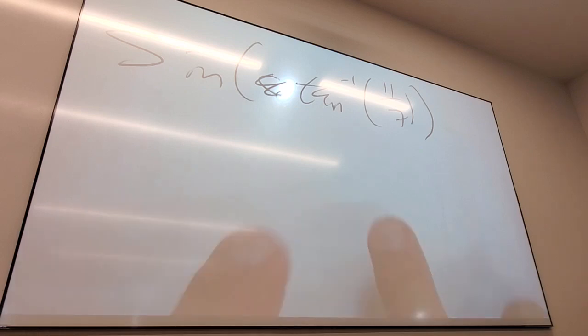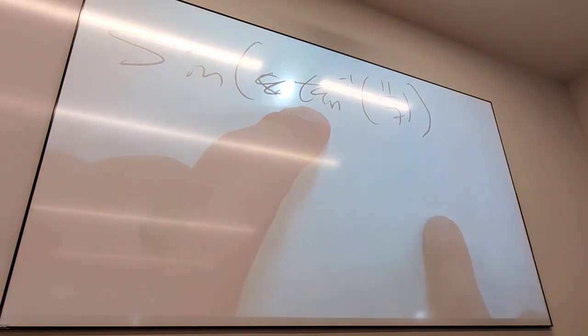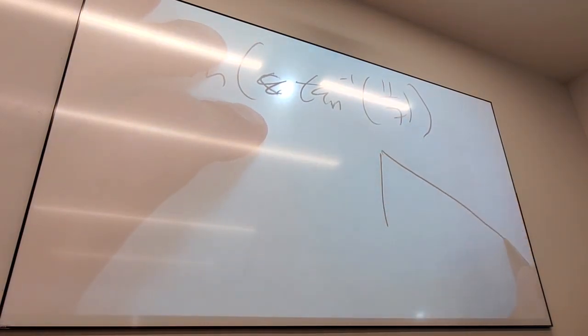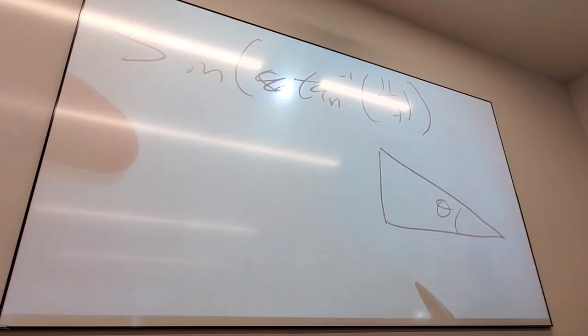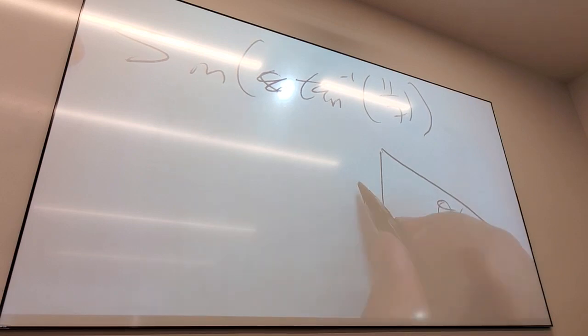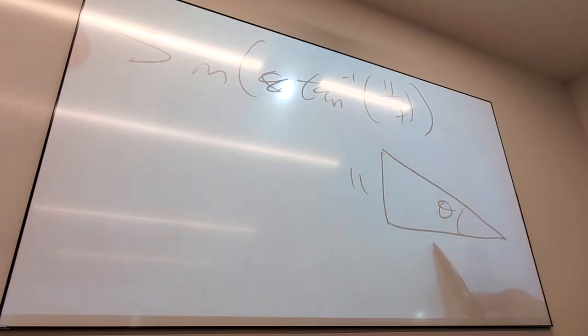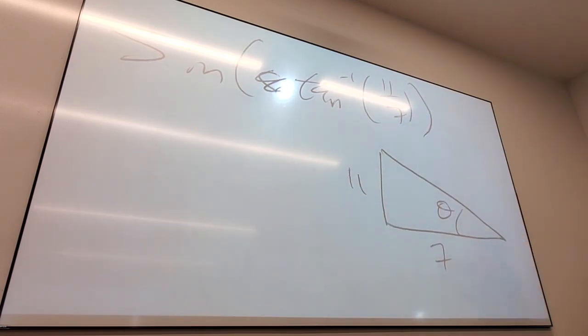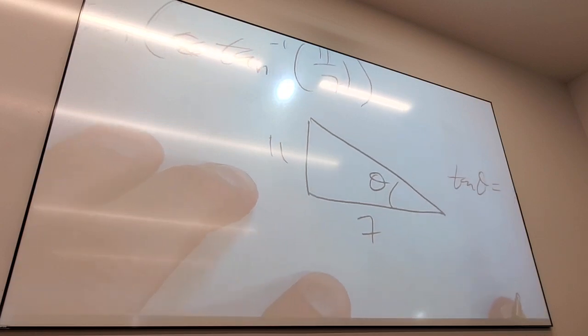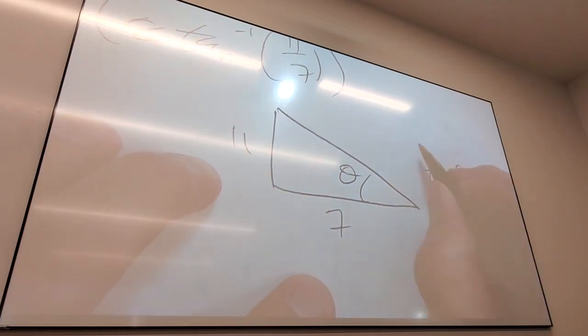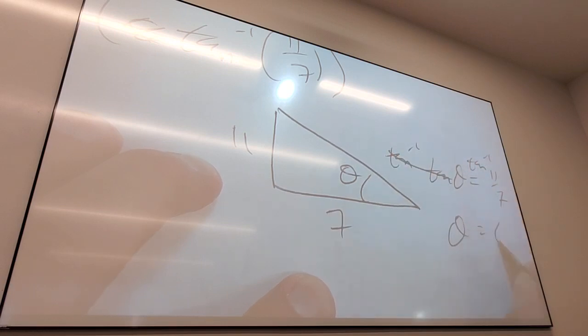So, inverse tangent of 11/7 means whatever the angle is, the tangent of it is 11 over 7. So, which side is 11? Y. And which side is 7? Because tangent's y over x. Do you all agree with me that tangent of that angle would be 11 over 7, the way we set it up? So therefore, if I took an inverse tangent, theta would be inverse tangent of 11 over 7.